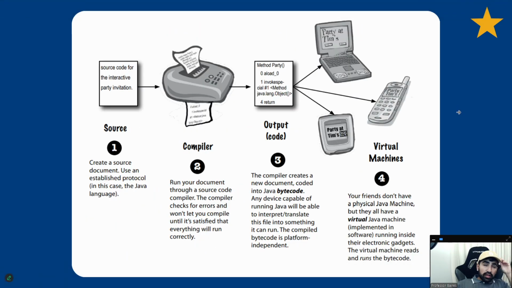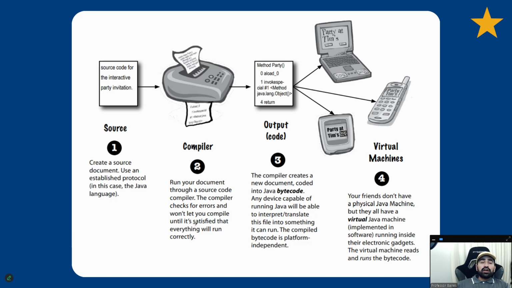So how do compilers work? Now, once we get to downloading stuff, we need to understand how all this stuff works. Well, you write your source code. You're going to write it in Java. That's going to generate a source file. Then you're going to run your document through a source code compiler. That compiler checks for errors. If you make any syntax errors, the translator is going to be able to identify those because it won't be able to translate them.